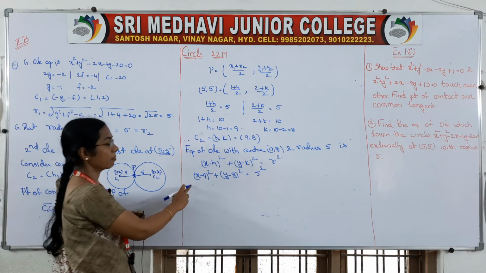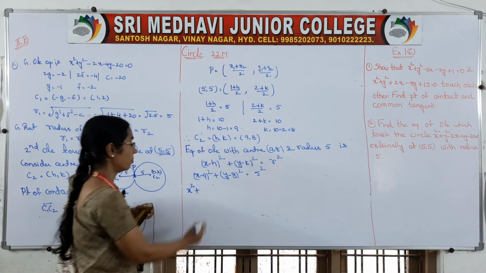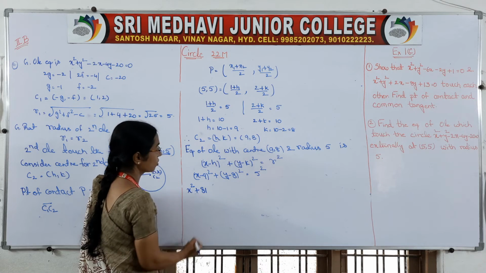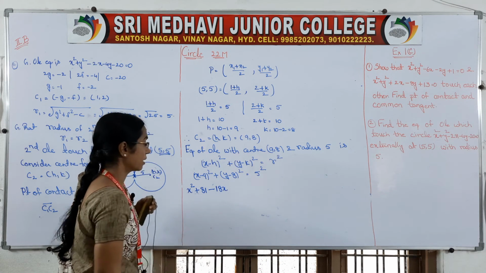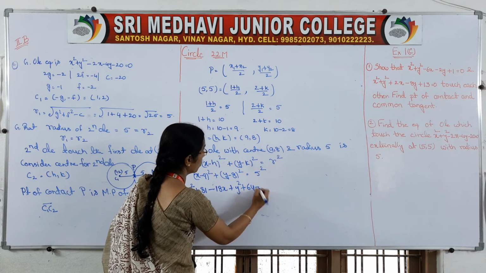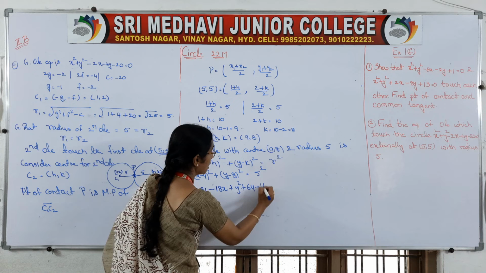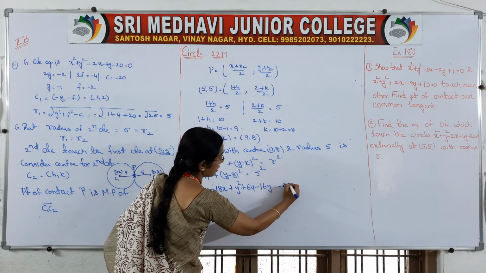Expand it, it is (a minus b) whole square form. So, x square plus 9 square minus 2ab, 18x. Similarly, y square plus 64 minus 8 twos are 16y. Bring this value, 5 fives are 25.